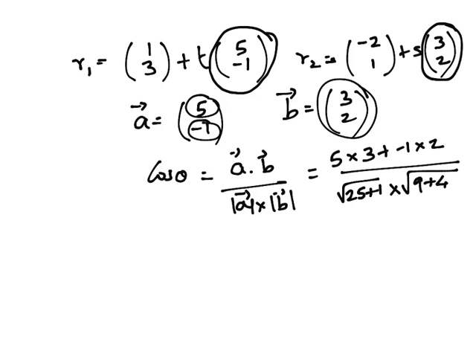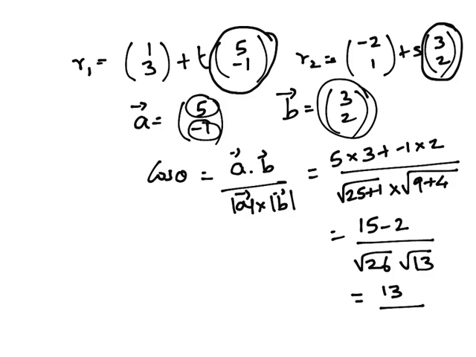So you'll get 15 minus 2 divided by square root of 26 into square root of 13. So basically you'll get 13 by 13 root 2, right? If you multiply this, you'll get 13 root 2. So you'll get 1 upon root 2.